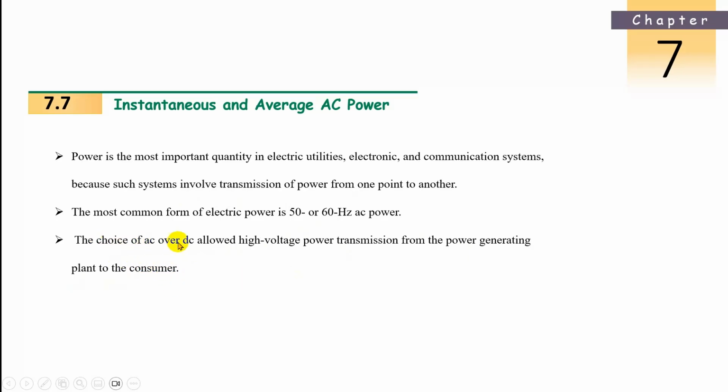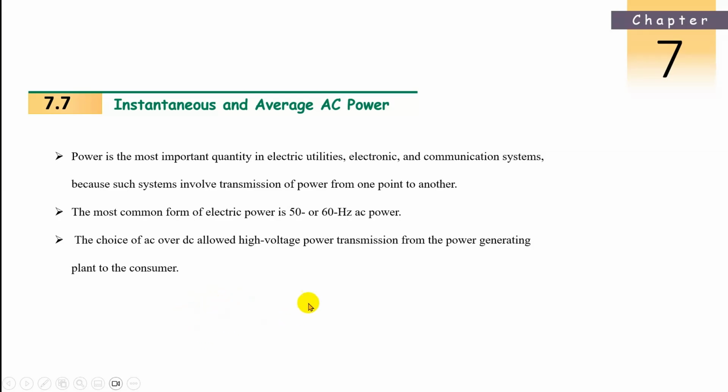Generally if you transmit DC from the power generating plant to our local utility, then I square R, the resistance will be high, and with I square R we get more power loss, waste of power. So that's why they convert into AC and AC will be transferred there.